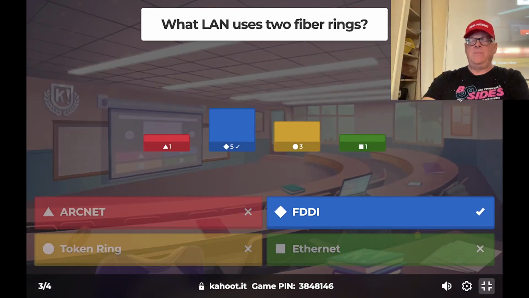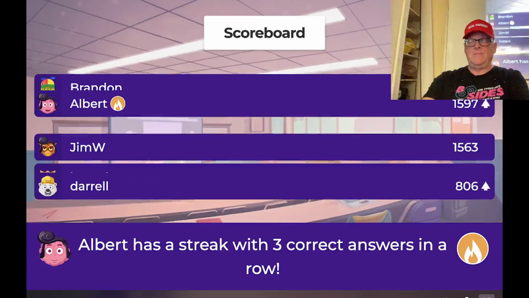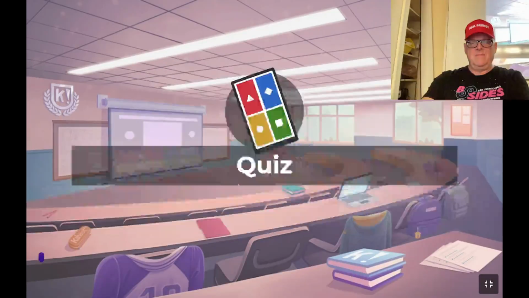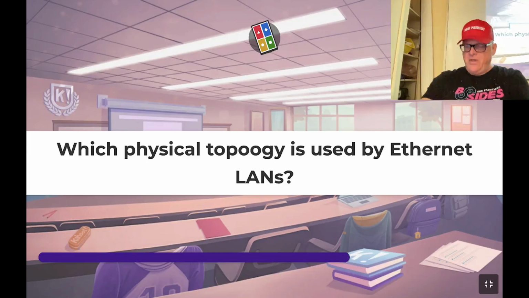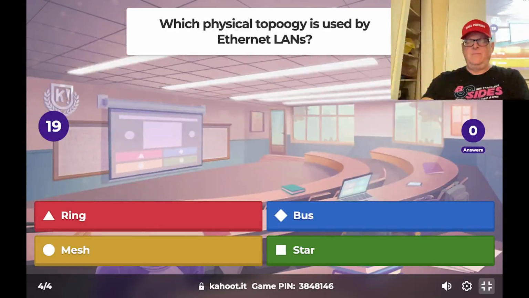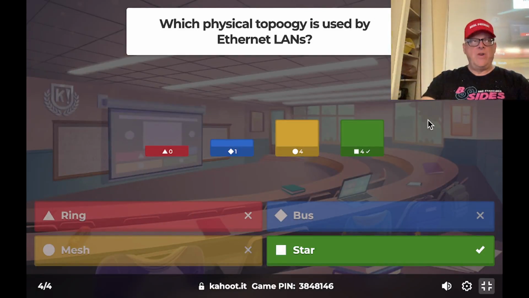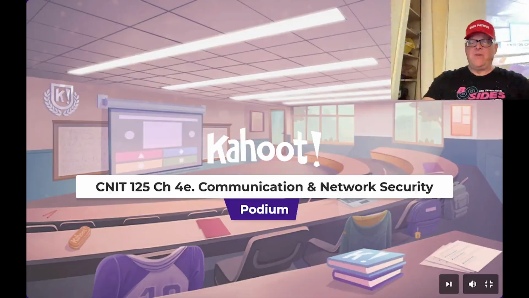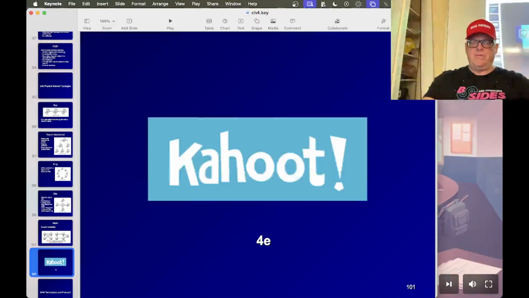Yeah, FDDI did. All right. And which physical topology does Ethernet use? It's a star. One central device, and everybody connects to that central device, which is a switch.